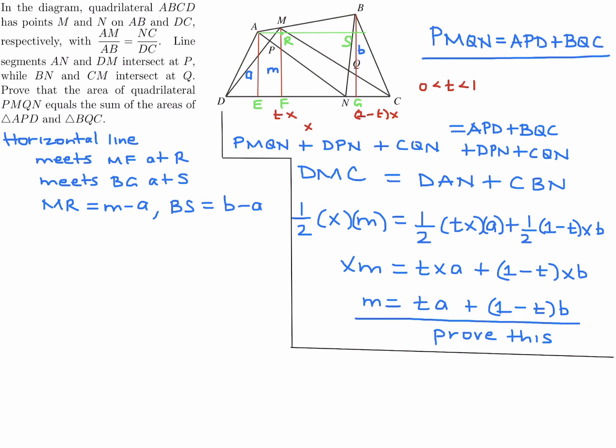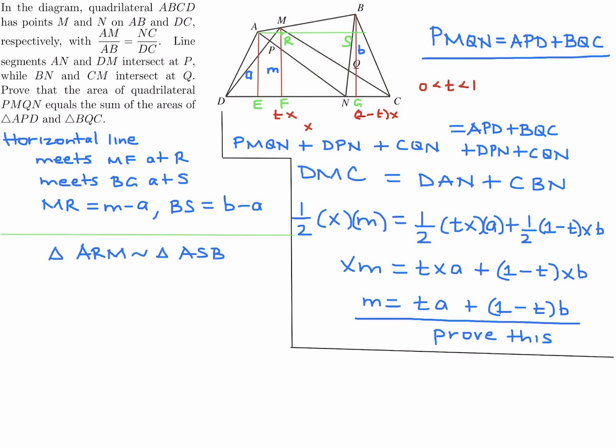Okay? So now we are in the final stage of the question. And here we go. Now we have to look at two triangles, and those two triangles are ARM and the triangle ASB. And those two triangles are similar.